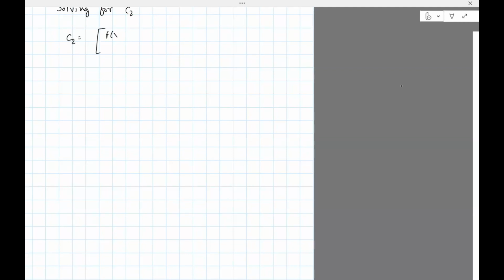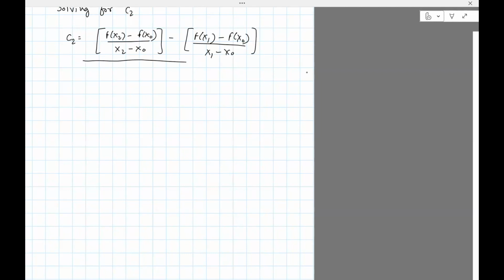Okay, so f of x2 minus f of x0 divided by x2 minus x0, minus f of x1 minus f of x0, x1 minus x0, the whole thing divided by x2.